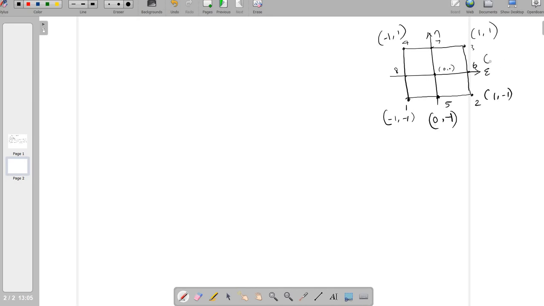Similarly, the 6th node is 0th coordinate of eta and positive coordinate of epsilon. Here the node 7 is at 0th coordinate of epsilon and positive coordinate of eta. Here it is negative coordinate of epsilon and 0th coordinate of eta. So I have represented all the 8 nodes.